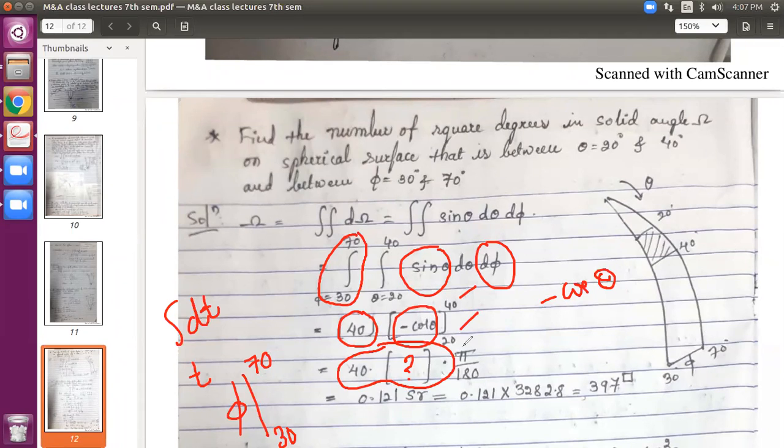Minus cos theta. The result should be positive, 0.17. Then you consider minus cos theta. Okay, so you check with your calculations.